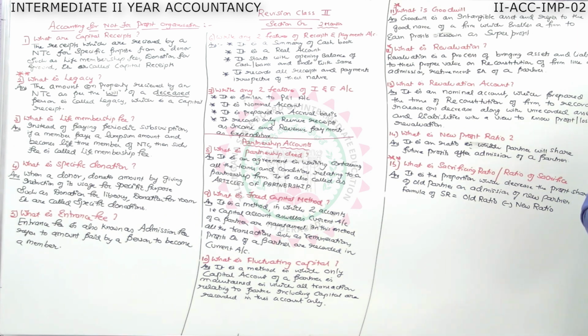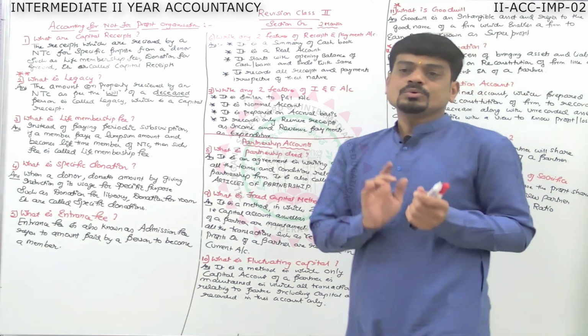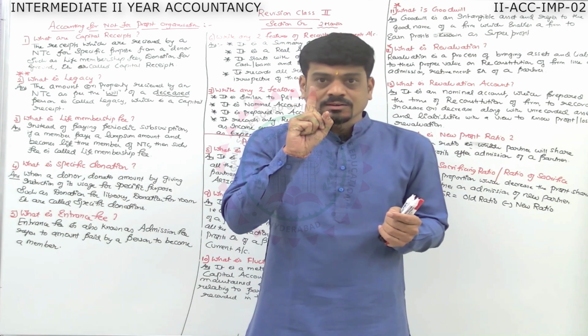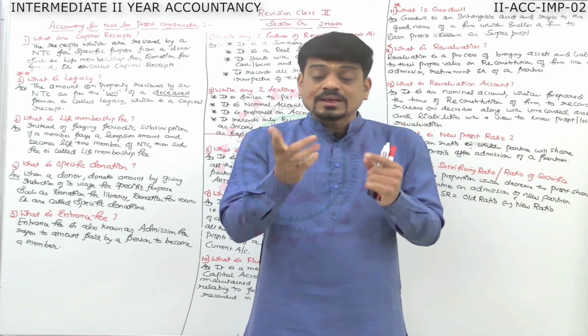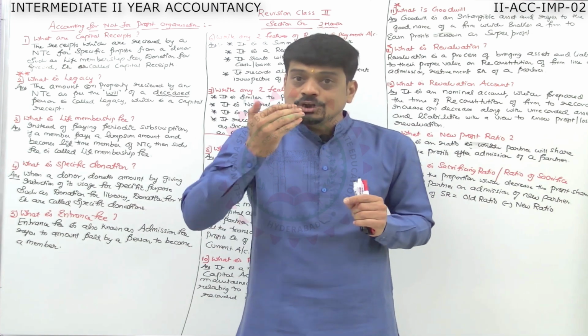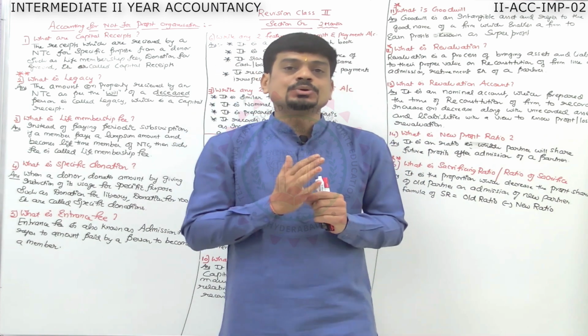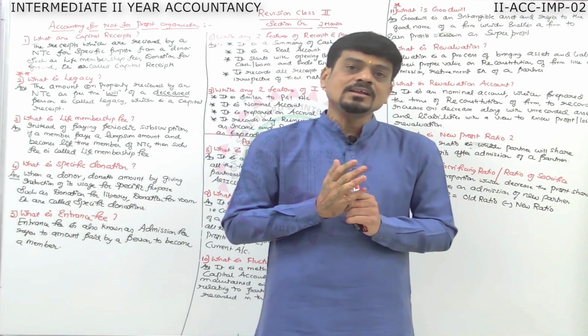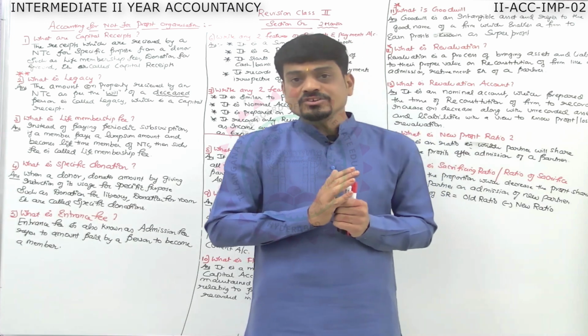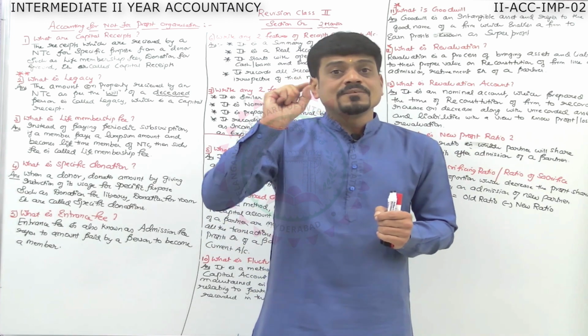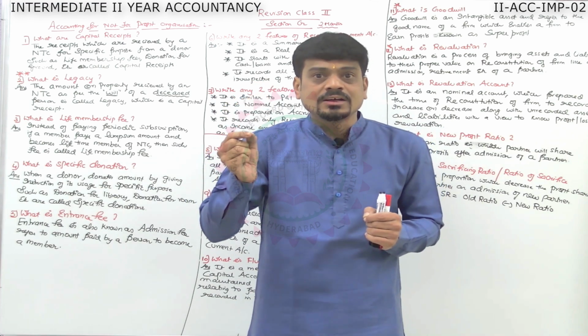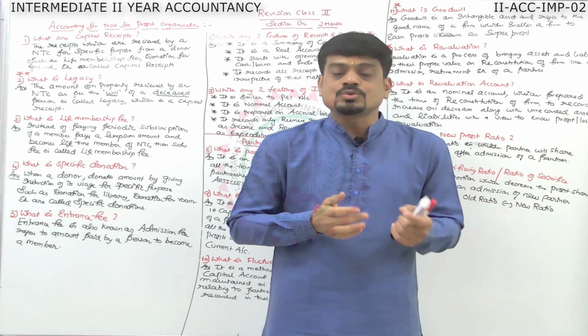Let the total profit of the firm be 1 and from that you subtract the share of the new partner. For example, if they give 1/4, then you write 1 minus 1/4. In the denominator we have 4, so 4 minus 1 you get 3. The answer is 3/4, the remaining share. That you multiply with the share of old partners to get the new ratio.